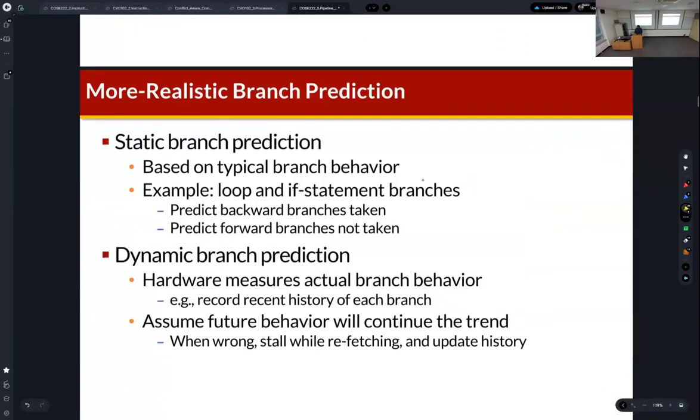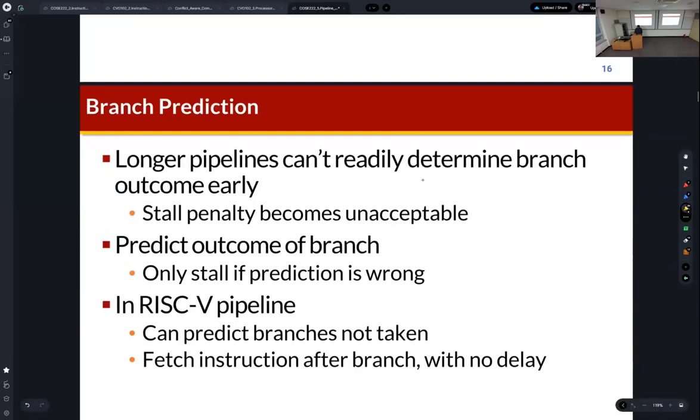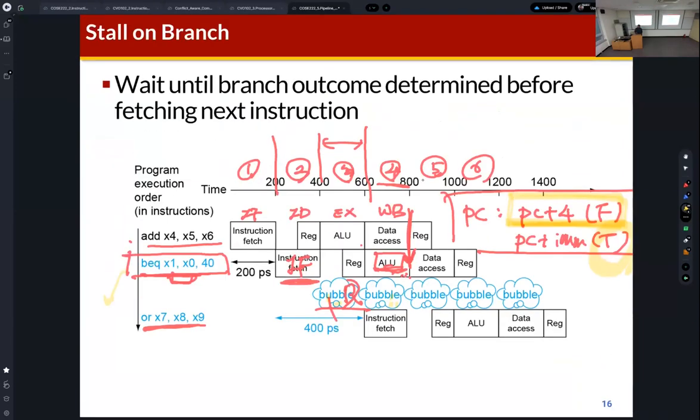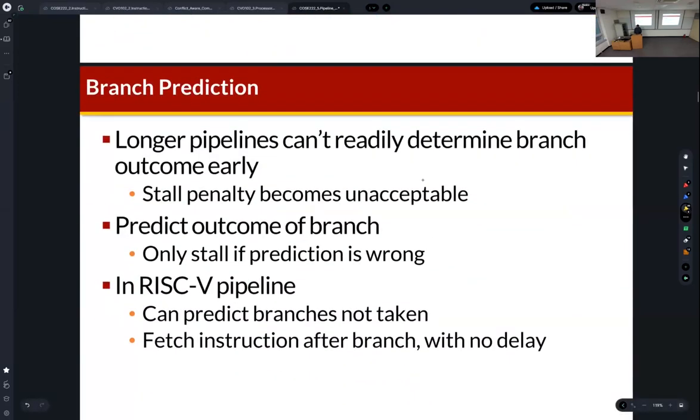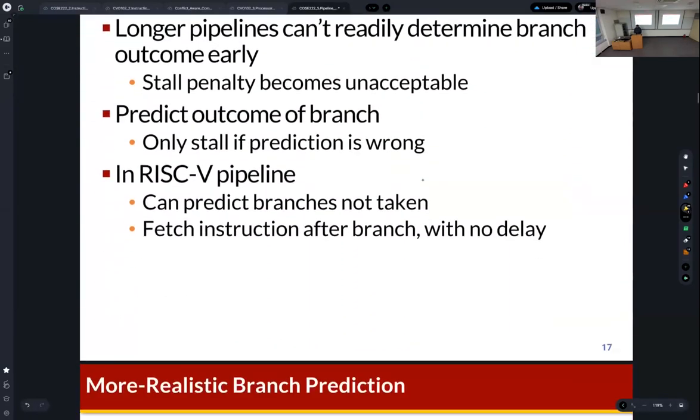So you cannot avoid this control hazard actually, but we can reduce the influence of control instructions using prediction. We will learn about branch prediction later.